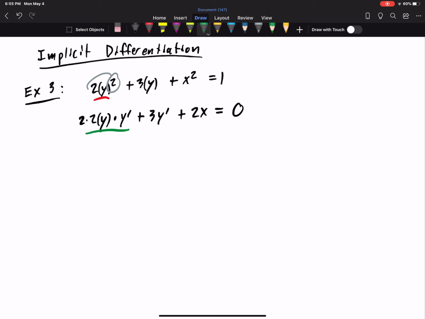We want to keep these and then move this. Doing this gives us, well, I'm going to turn this 2 times 2 into a 4. So I have 4y times y prime plus 3y prime. And this is going to be equal to minus 2x because I subtracted this 2x from both sides. I took this away.